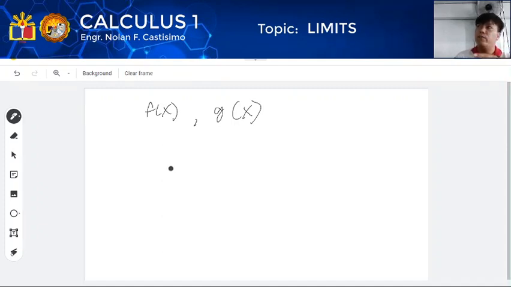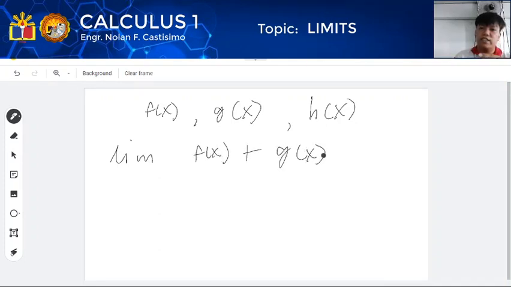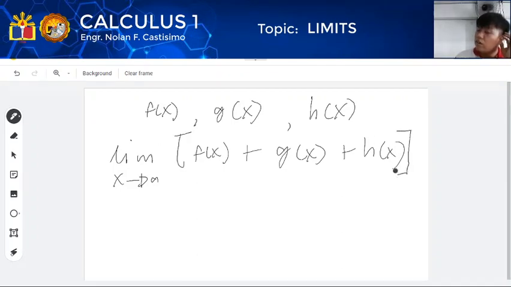So, let's say we have another function. We have f, g, h, h of x. O, tatlo na yan. So, kapag addition, magiging limit of f of x plus g of x plus h of x as x approaches a. Lagyan natin ng bracket para di natin makalimutan. Oh.